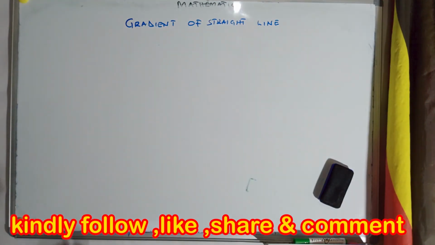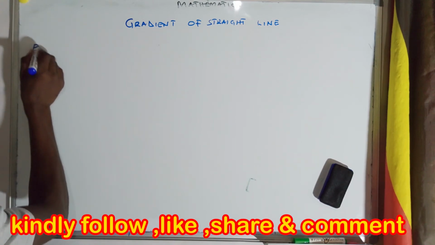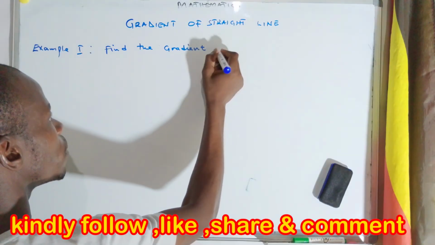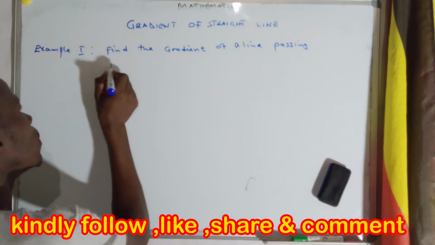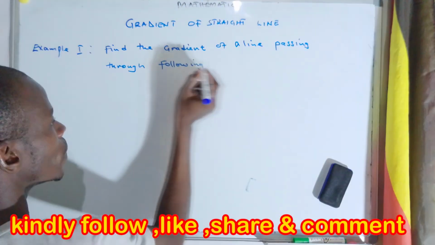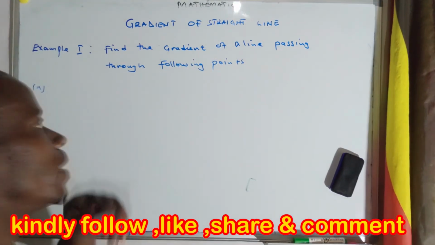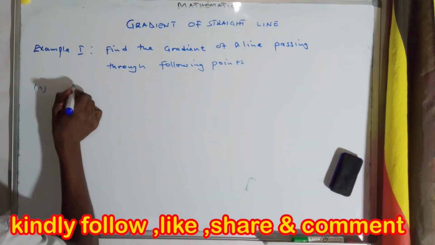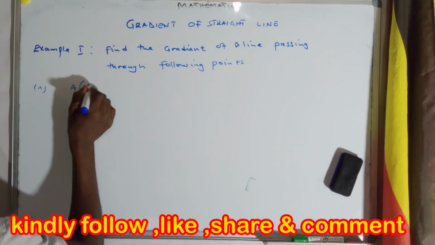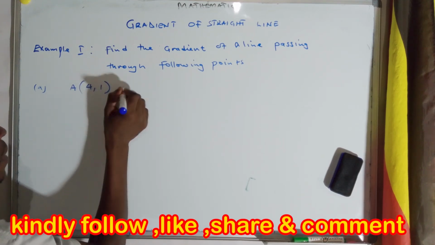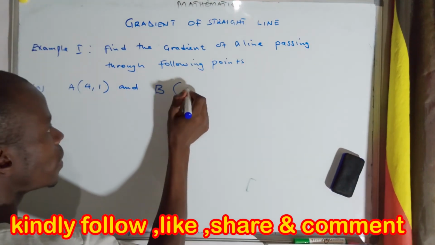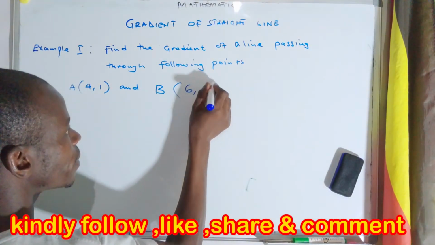So let's move to the example. Example 1. Find the gradient of a line passing through the following points. Point A is (4, 1) and point B is (6, 5).